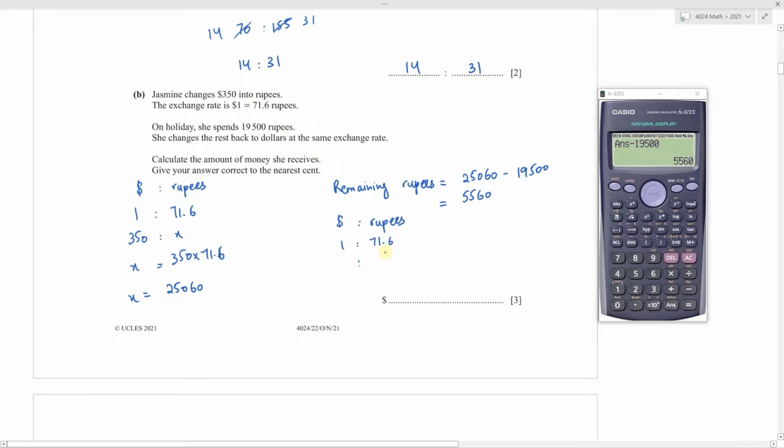So you have now 5,560 and x, again cross multiply. So 71.6x equals 5560. So x will be this divided by 71.6, which is $77.65. So this is the amount of dollars she receives at the end when she converts the remaining rupees into dollars. 77.65.